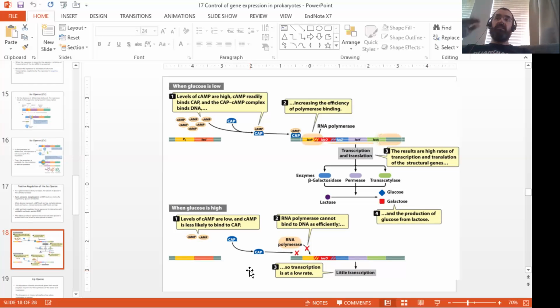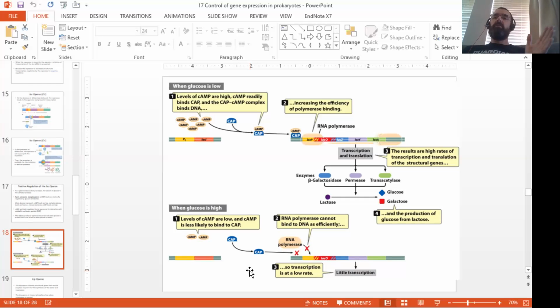And this is going to vary too, right? Because as cyclic AMP drops a little bit, RNA polymerase binding is going to be less efficient. It's still going to bind, right? But just not as regularly, perhaps, or effectively as when cyclic AMP is really high.